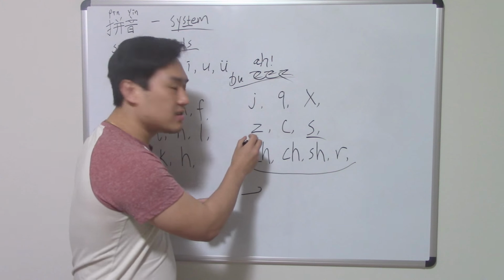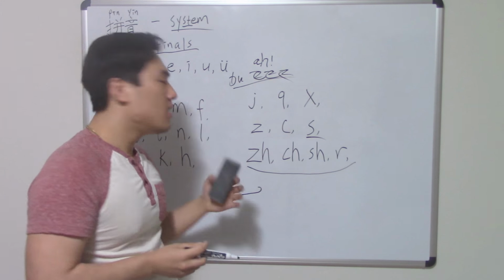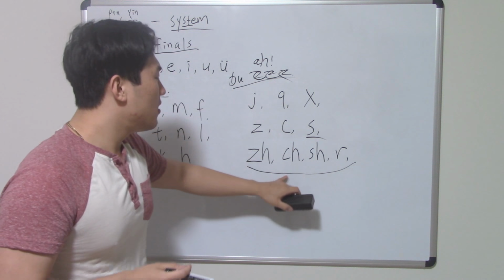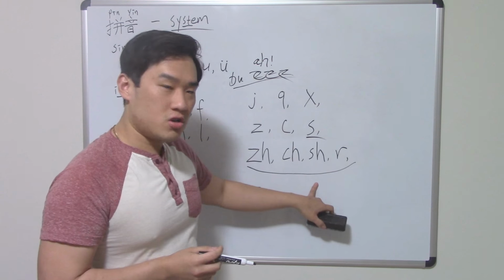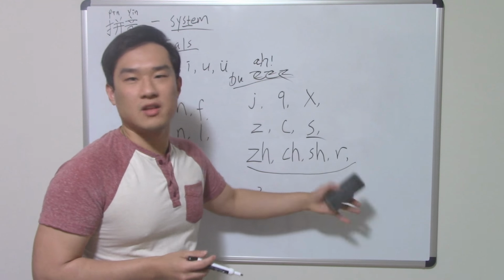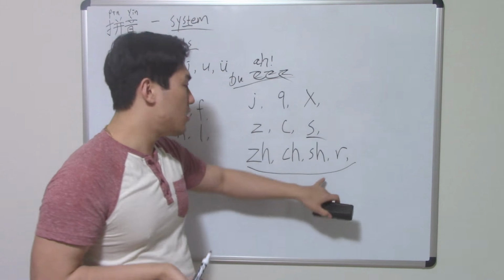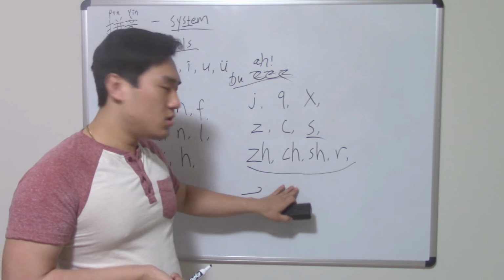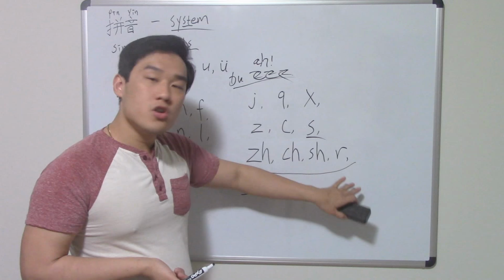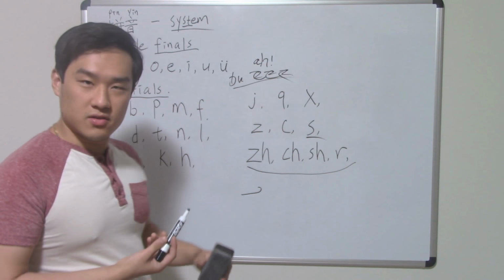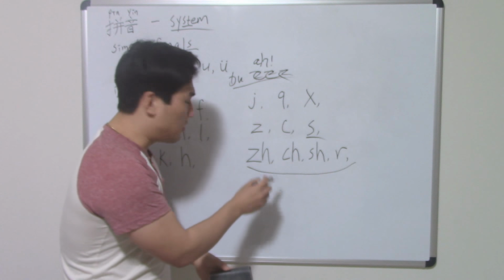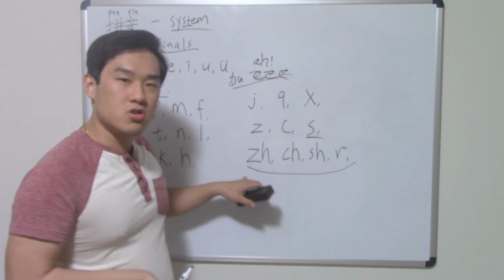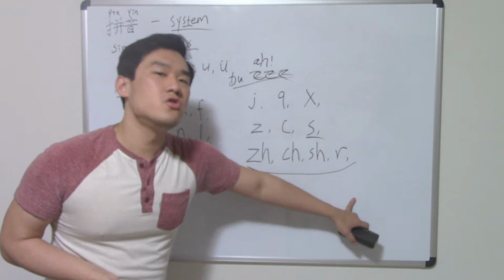So same as z, but you put your tongue behind. This one will be ch. This one will be sh. Then this one is just r, same thing, ri. You also roll your tongue here. So zh, ch, sh, r. Make sure that whenever there's an h or r, you roll your tongue. So zh, ch, sh, r.